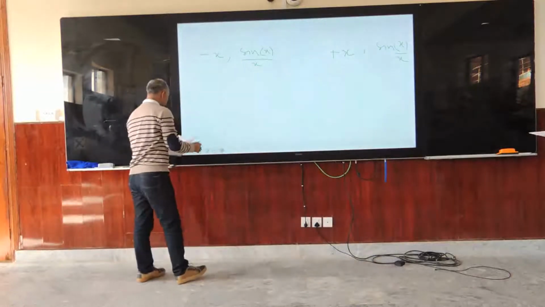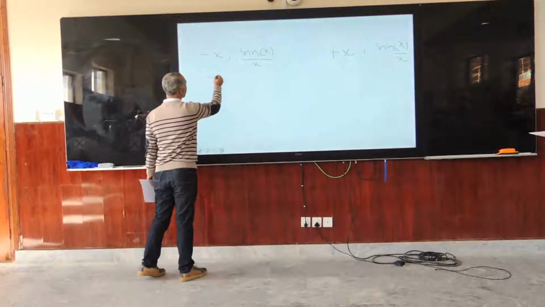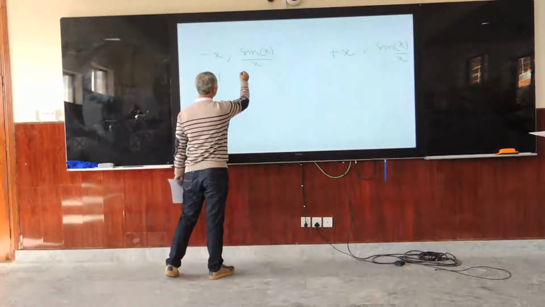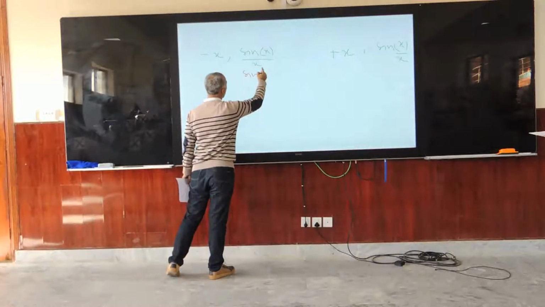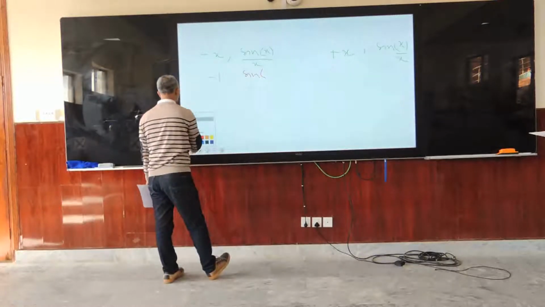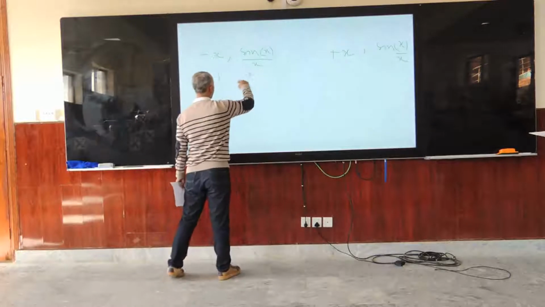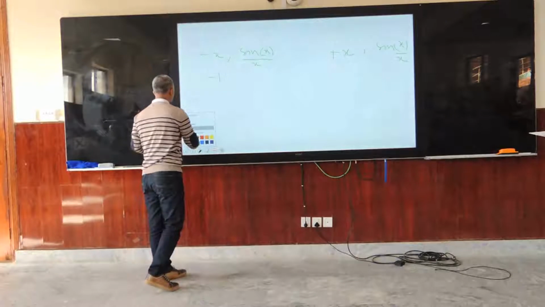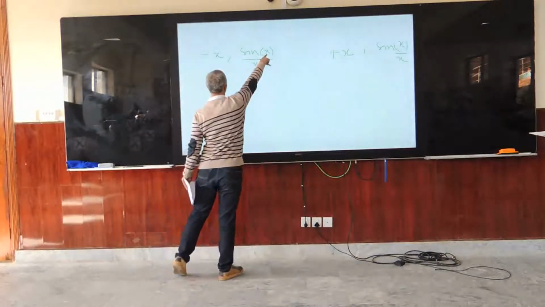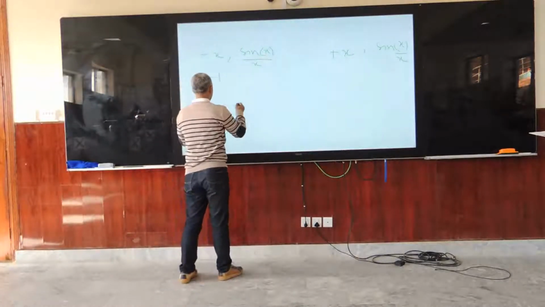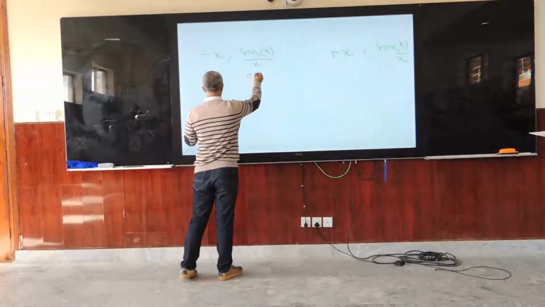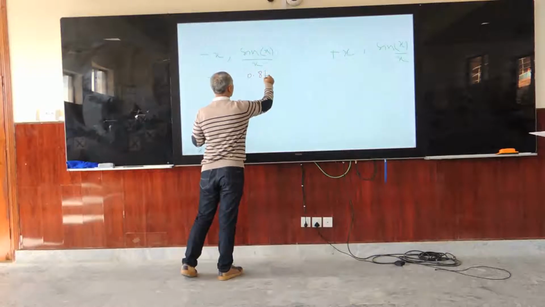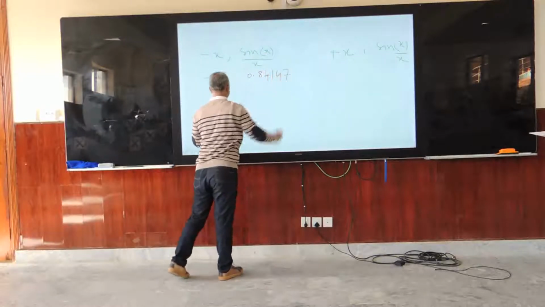For negative x, if we have -1, by substituting the value of -1 here, I will write out the answer instead of writing the exact value, as I already calculated it. When we substitute -1 here, we get 0.84147.